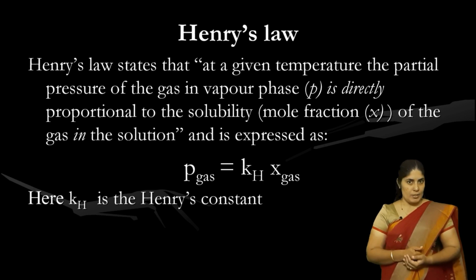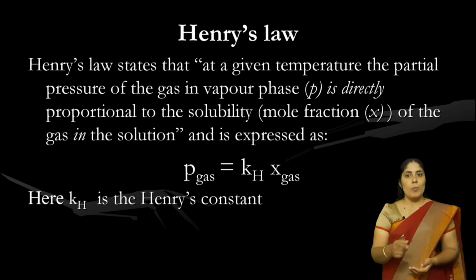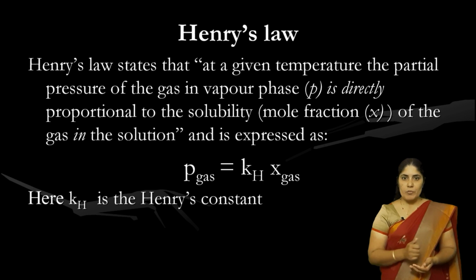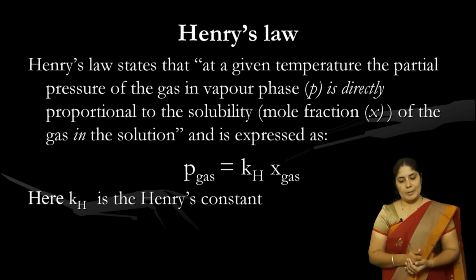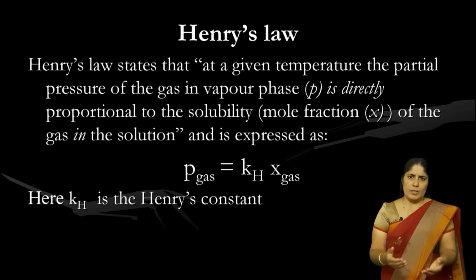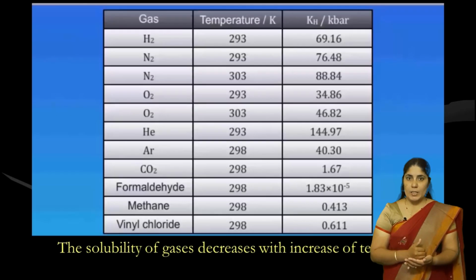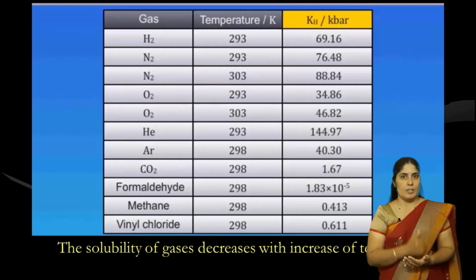This is expressed as partial pressure of gas equals Kh, where Kh is Henry's constant, times the solubility of the gas, expressed in terms of mole fraction. Here we are not giving you any constant value, because Henry's constant is constant for a particular gas and the particular temperature at which it is measured.